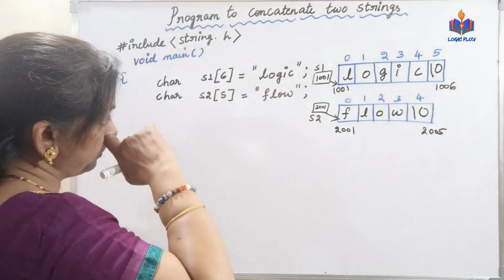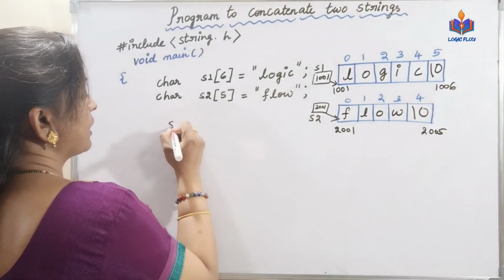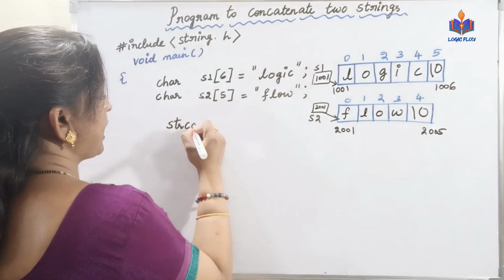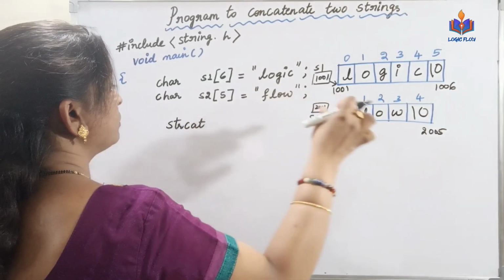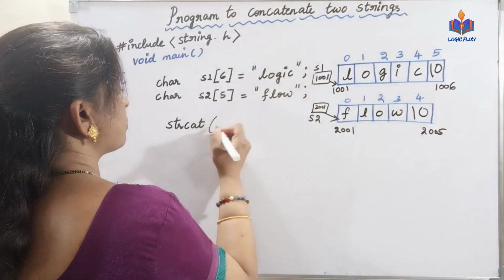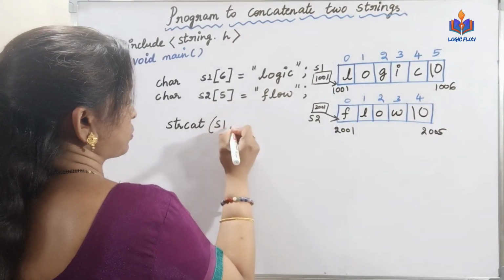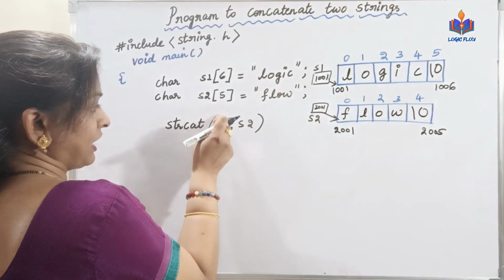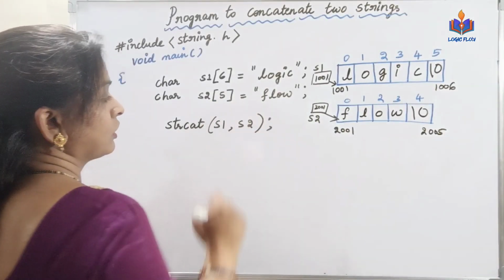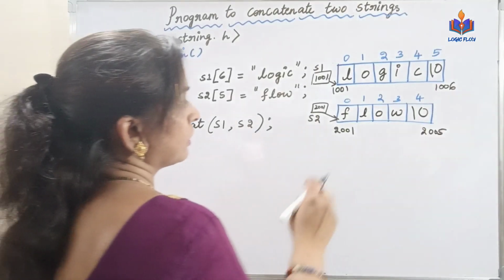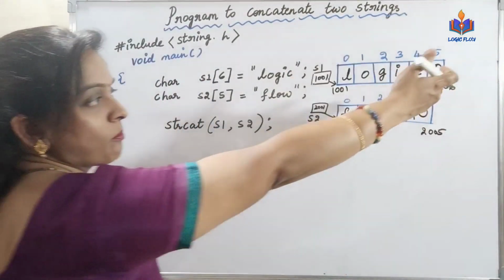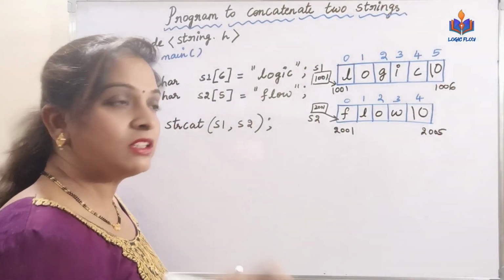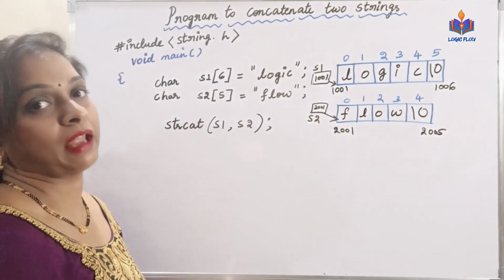Now what we'll do, we'll say strcat. I need to combine S2 with S1. So my first string is S1 and second is S2, which means S2 will be concatenated with S1. Actually, there is no memory, but even then the string concatenation is going to concatenate.